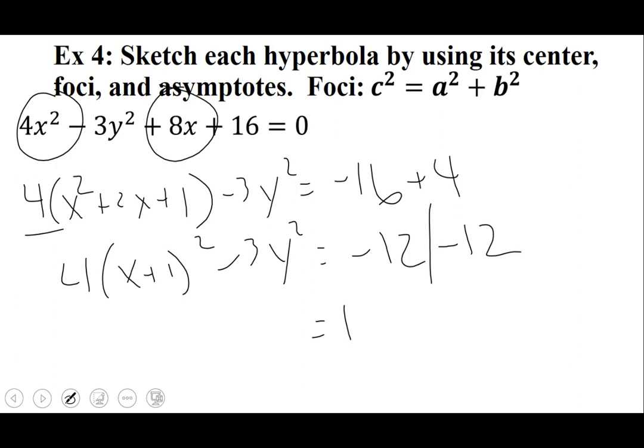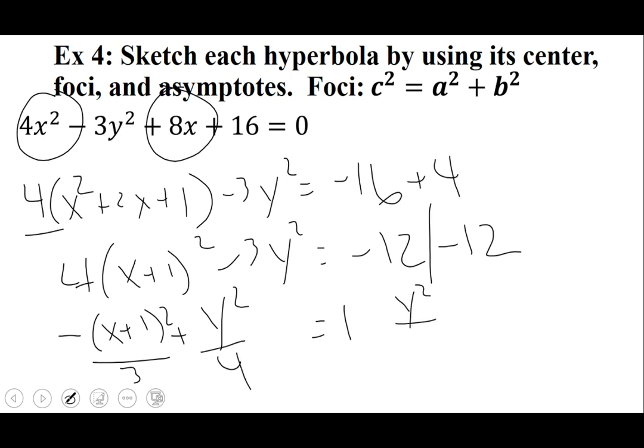If I divide a positive 4 by a negative 12, that's going to become negative (x plus 1) squared over 3 plus y squared over 4. So basically, if you want to rewrite that to look the same way we've been doing, you're going to do y squared over 4 minus (x plus 1) squared over 3 is equal to 1.